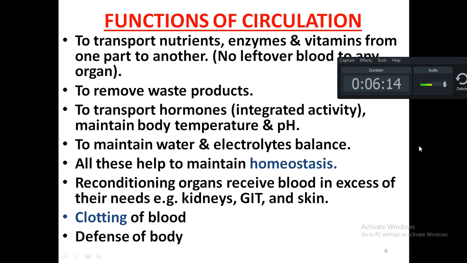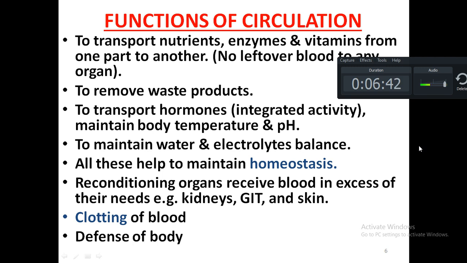Another function is that it reconditions organs that receive blood in excess of their needs, for example, the kidneys, GIT, and skin. These are the organs which receive more blood than what is required for their normal metabolic functions. So this is in excess of what they need, and this excess blood is used to perform specific functions.